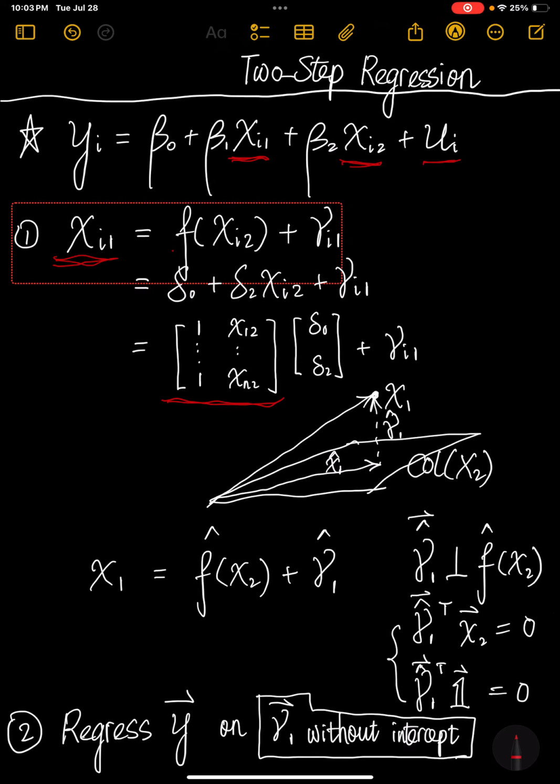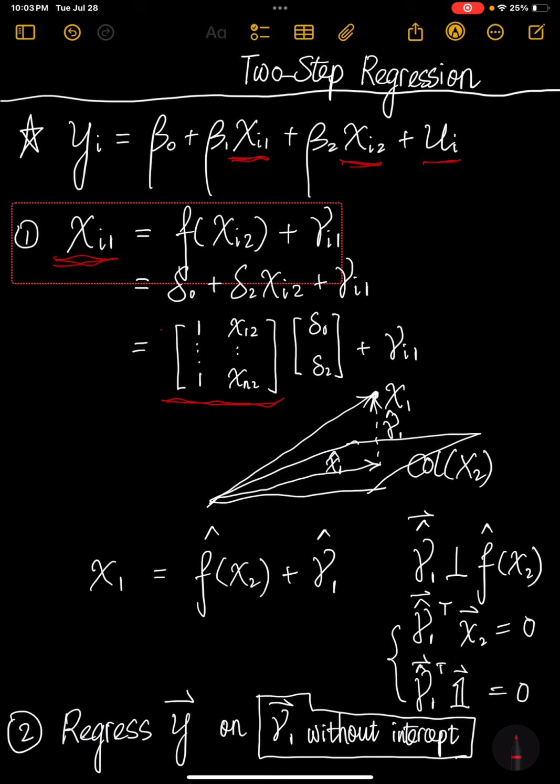This function you can write as a general function such as f, but in the linear regression case, it would just be a linear combination of the x2 variable. If you write it in matrix form, you write the design matrix and then multiply the coefficient vector. As usual, the first column of the design matrix is always the constant column, and the other columns are the independent variables.